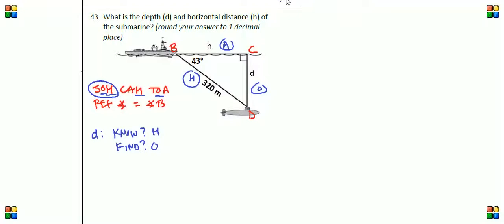And so now we can go ahead and write our equation. Sine of 43 degrees, which is our reference angle, is equal to, sine is opposite over hypotenuse. Opposite is our unknown side, which is labeled as variable D. Hypotenuse is our known side, which is 320 meters.